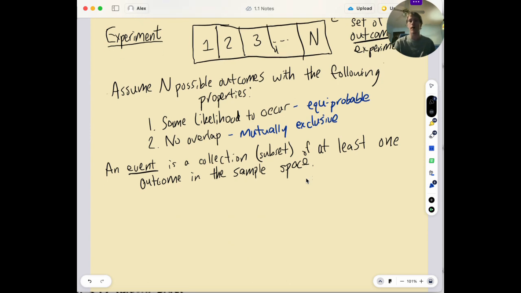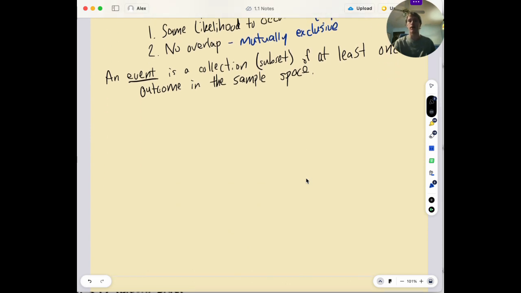All right, now with all that terminology out of the way, we are finally ready to define probability. More specifically, theoretical probability.